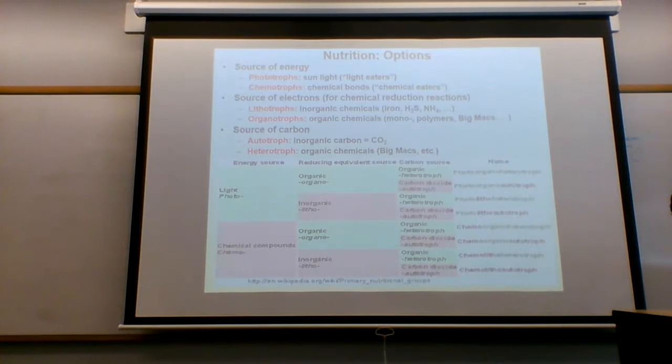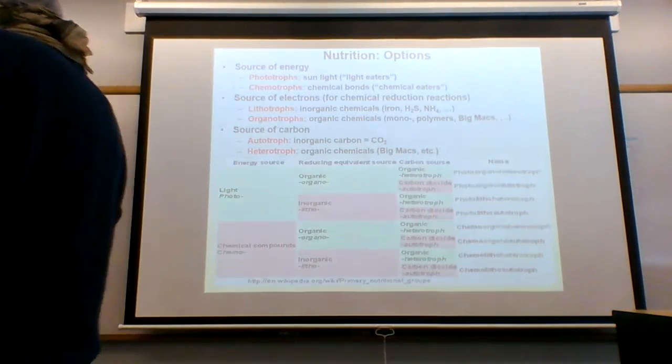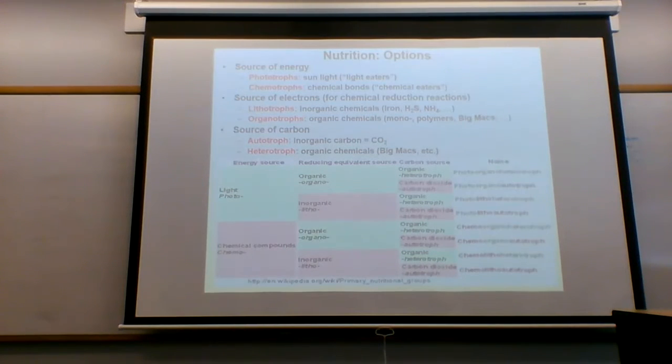Don't do that. We eat carbon. We eat bread and vegetables. We eat other living things, bacteria and yogurt. So, we're getting our source of energy and our source of carbon and our source of electrons all from the same thing. All from the same material that you're eating. Not all living systems do that.